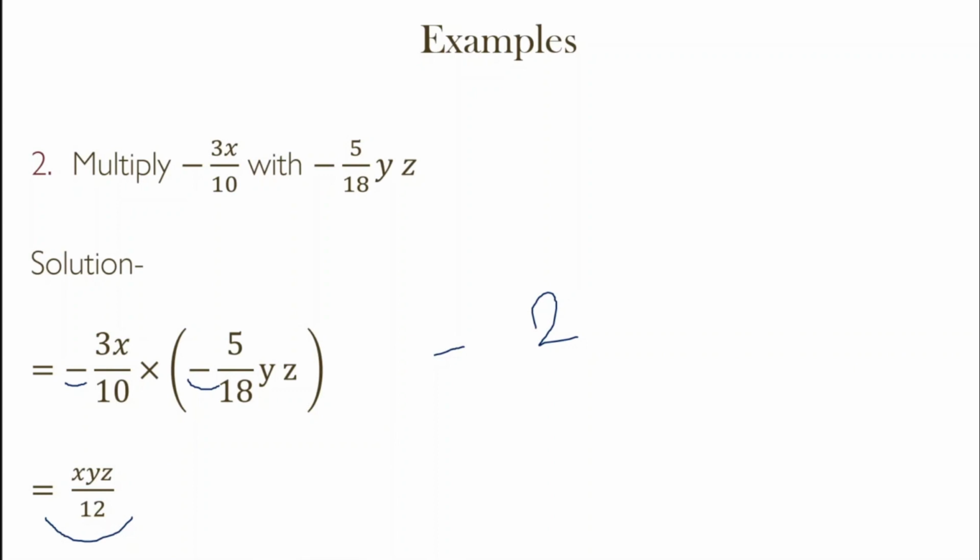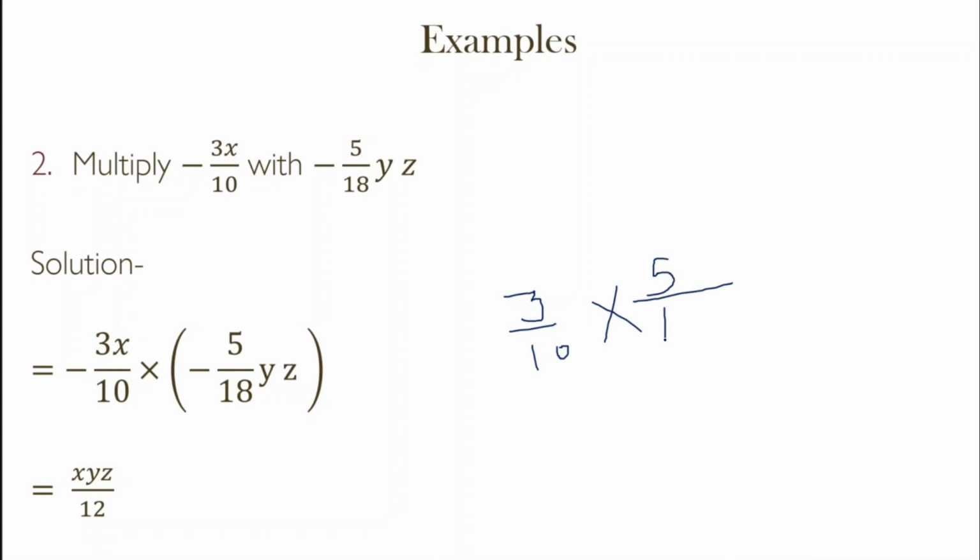Now the second step says multiply the numeric coefficients or the numbers present in the algebraic expressions. When we multiply minus 3 over 10 with 5 over 18, we can simply multiply them, but we have learned that we can also simplify fractions.